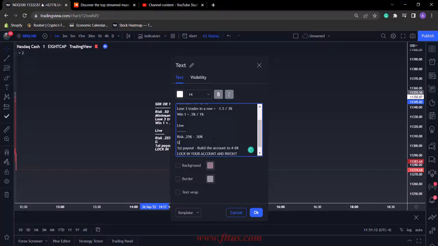Now the gain will be either 1% or 2% per trade. So if you're risking 0.5%, at minimum you can hit that 6% for that payout, to lock in your profits in the account.